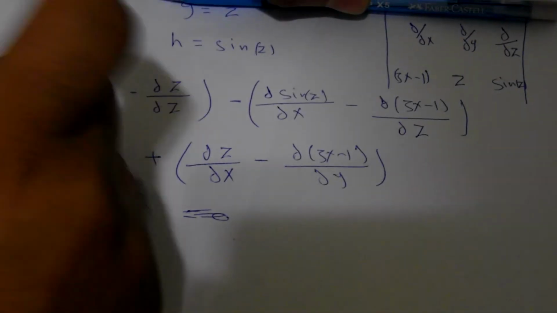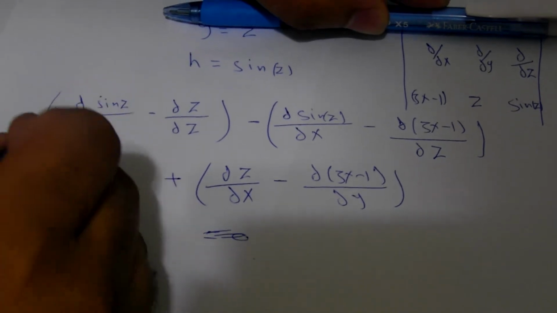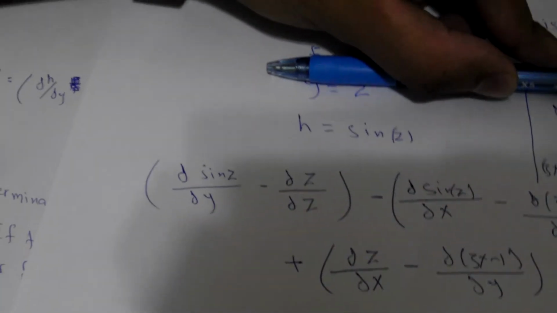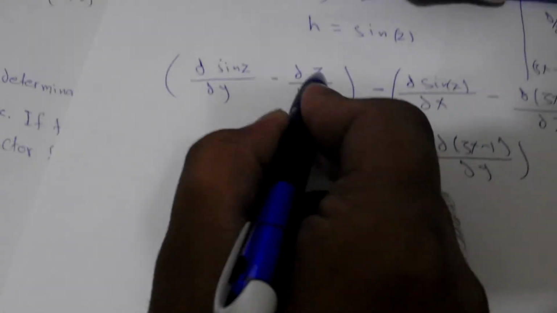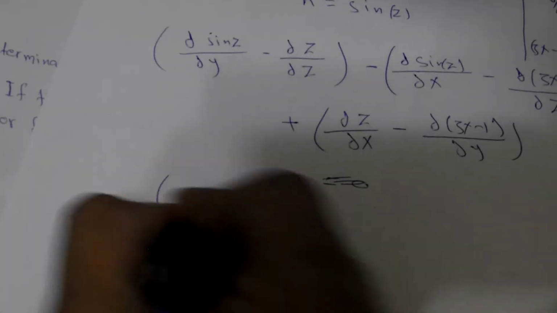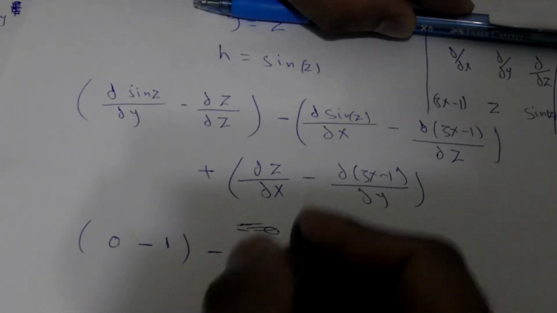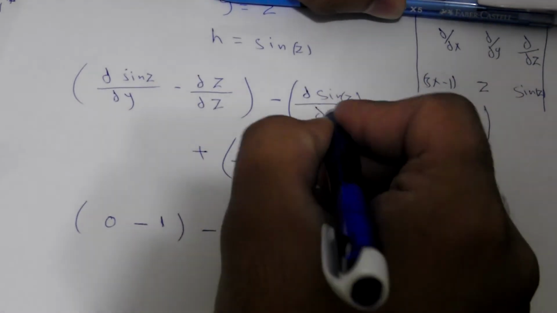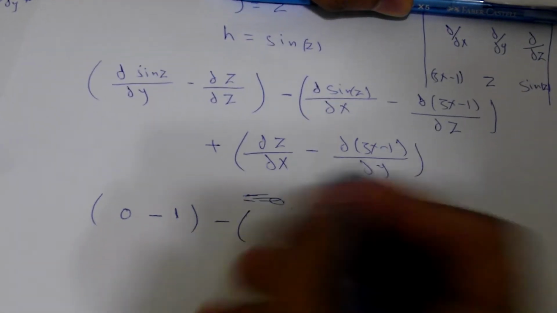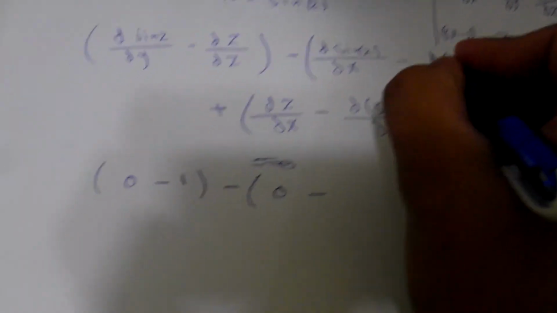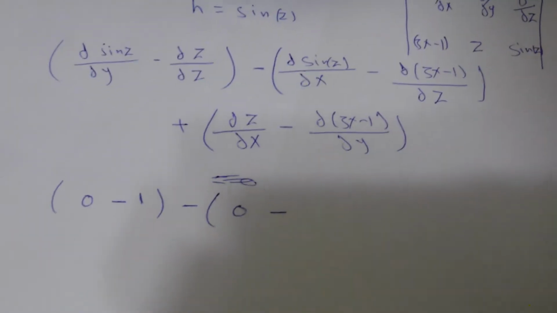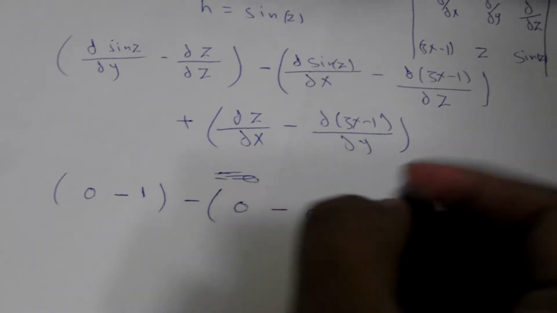So we can solve now. d(sin z) with respect to y, because there is no y in here, is 0, minus d(z) with respect to z, which is 1. Minus d(sin z) with respect to x, because there is no x in sin z, equals 0, minus d(3x minus 1) with respect to z, there is no z inside 3x minus 1, so also equal to 0.